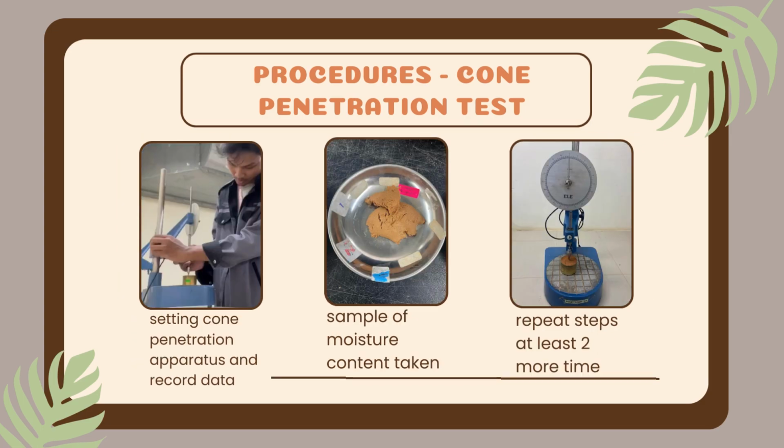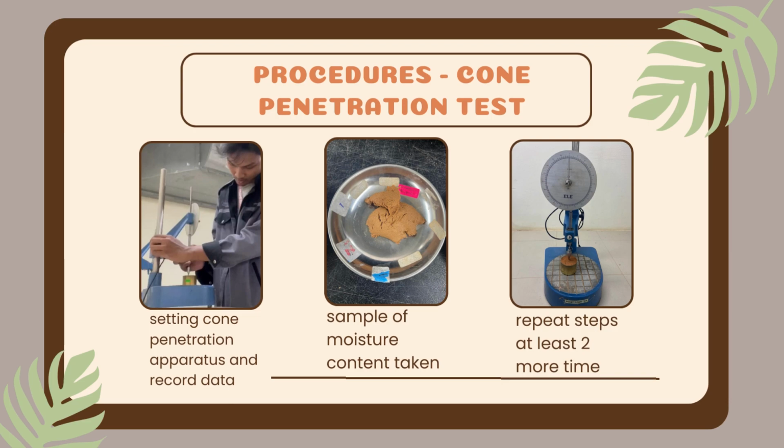Next, with the penetration cone locked in the raised position, the supporting assembly was lowered so that the tip of the cone just touched the surface of the soil, and then the cone was released. The difference between the beginning and the end of the cone drop penetration was recorded.